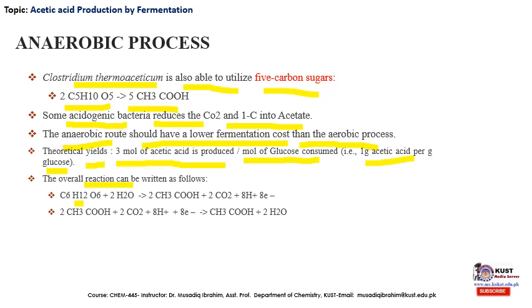You have a hexose molecule plus 2 water molecules, giving you 2 acetic acid molecules plus 2 carbon dioxide molecules and 8 protons. And then the 2 carbon dioxide molecules along with the 8 protons give you acetic acid plus 2 water molecules.